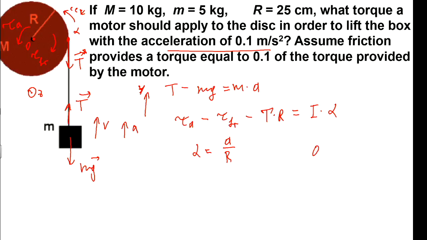The acceleration is equal to 0.1 meters per second squared, and the friction provides a torque which equals 0.1 of the applied torque. And that's it. One more thing, which I didn't do last time. This variable, I, a moment of inertia. What equation should I write? For which shape?